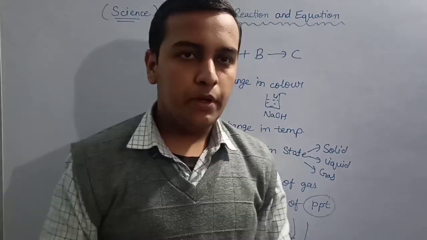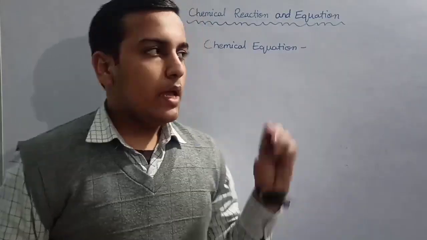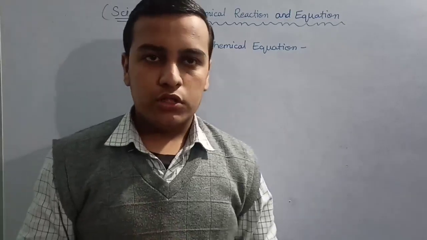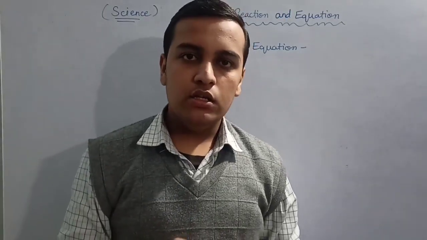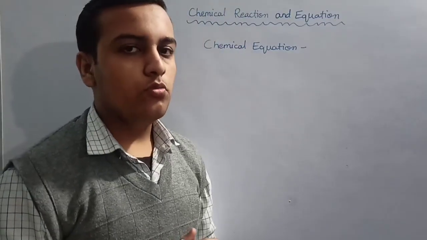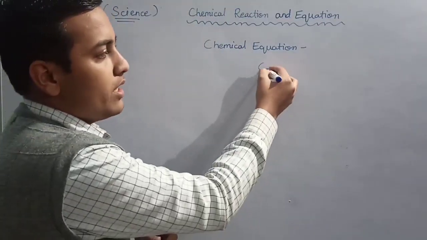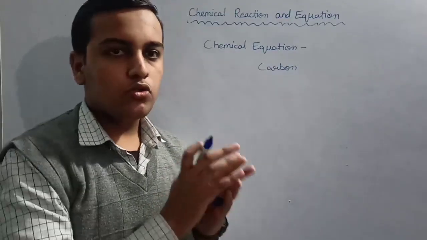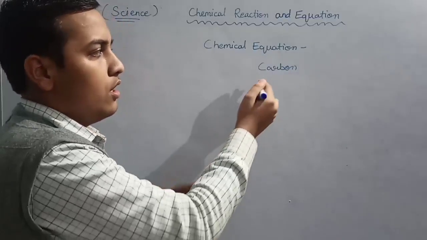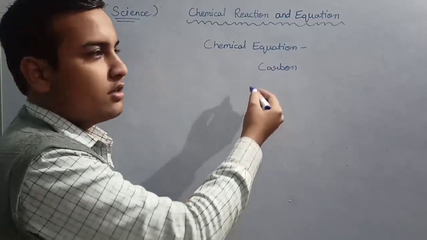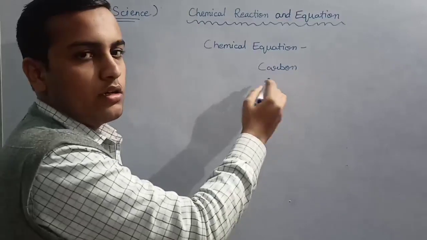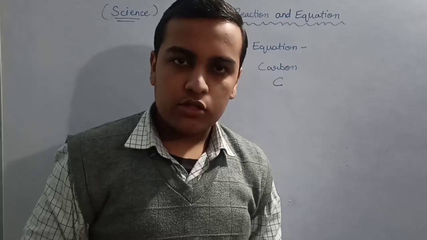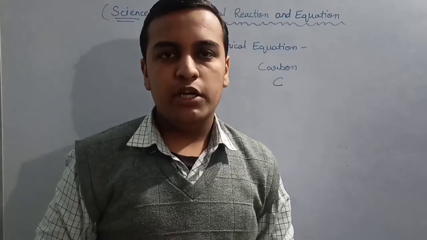Now come to another topic, that is chemical equation. A chemical equation is basically a part of chemical reaction. A chemical equation provides you a way to represent the elements in terms of symbols or formulas. For example, if I take the element carbon, I don't need to write carbon in the long form. It is also written in short form, carbon is represented by C. This is applicable not only to carbon, but to all the elements in our periodic table.